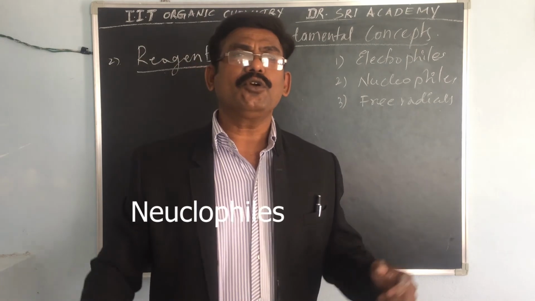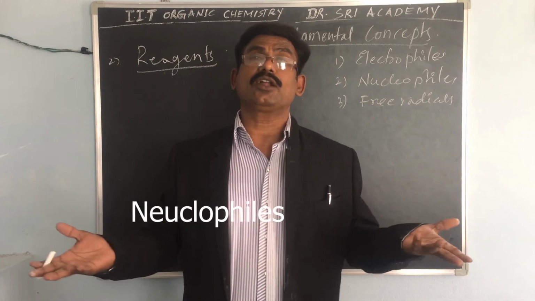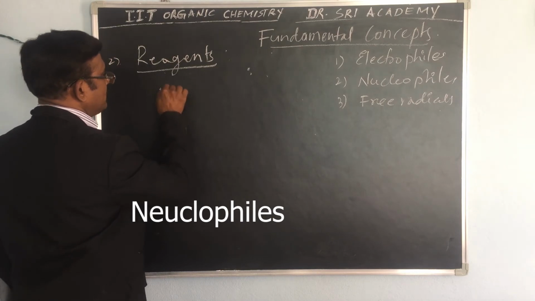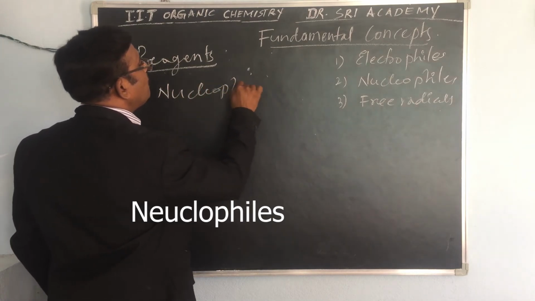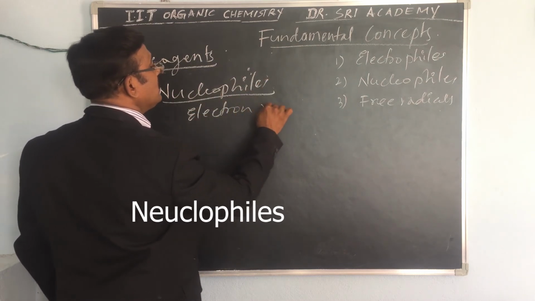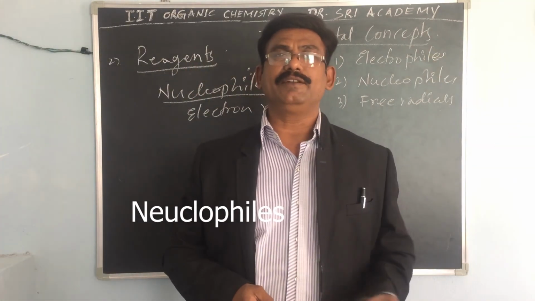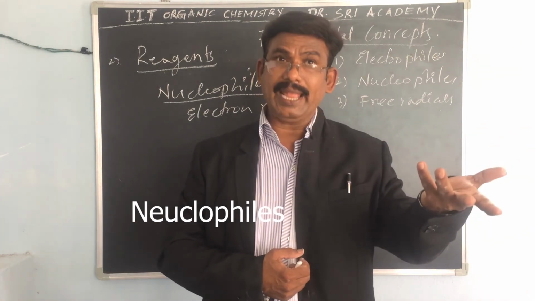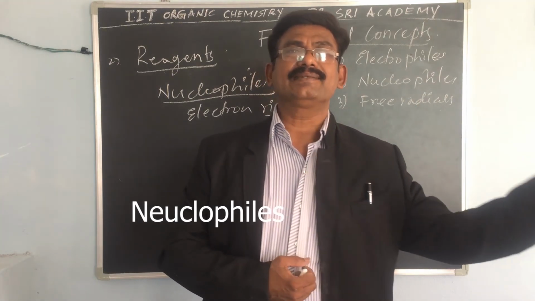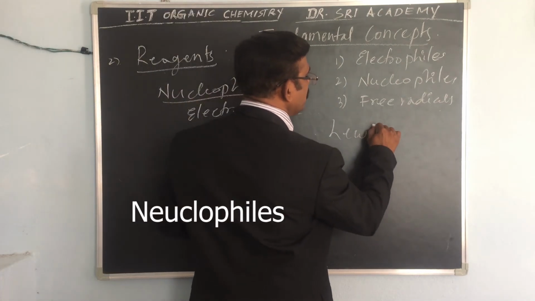Simply, nucleophile means electron rich or electron donor compounds. They are molecules having plenty of electrons, ready to donate the electrons, and they are called nucleophiles. So simply we can say all Lewis bases are nucleophiles.